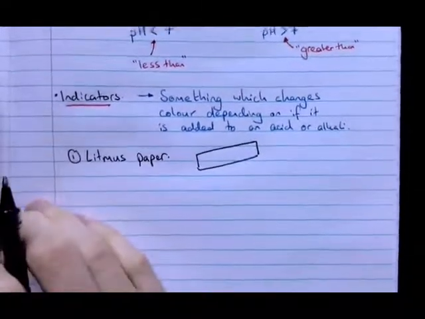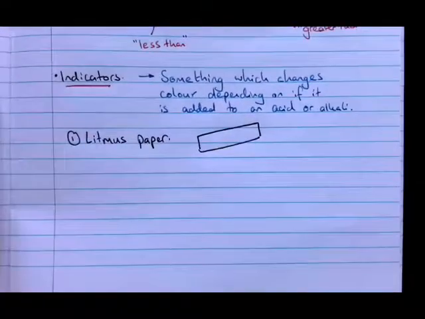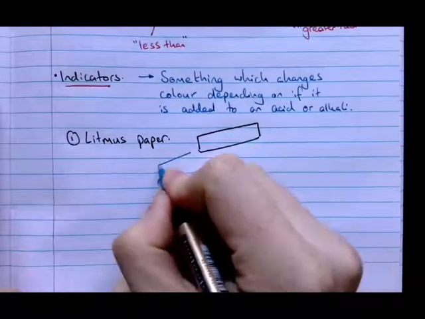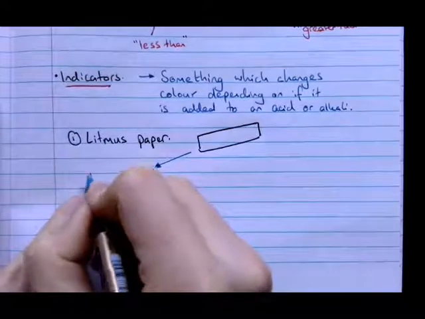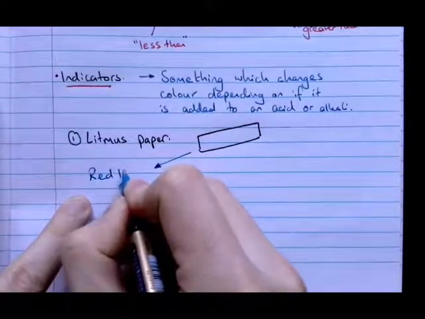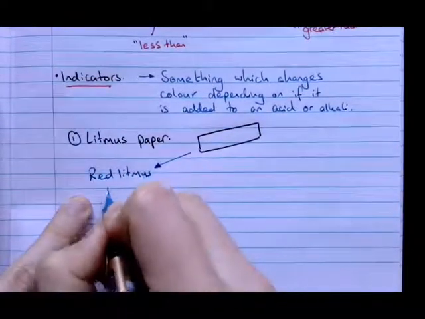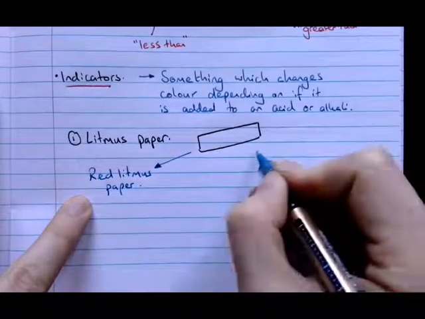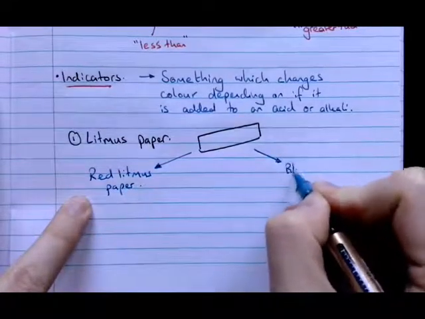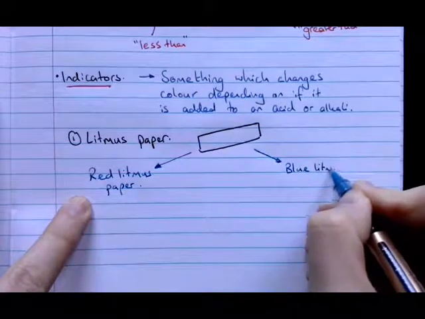Okay, now there are two types of litmus paper. Okay, the first type is red litmus paper, and the second type is blue litmus paper.